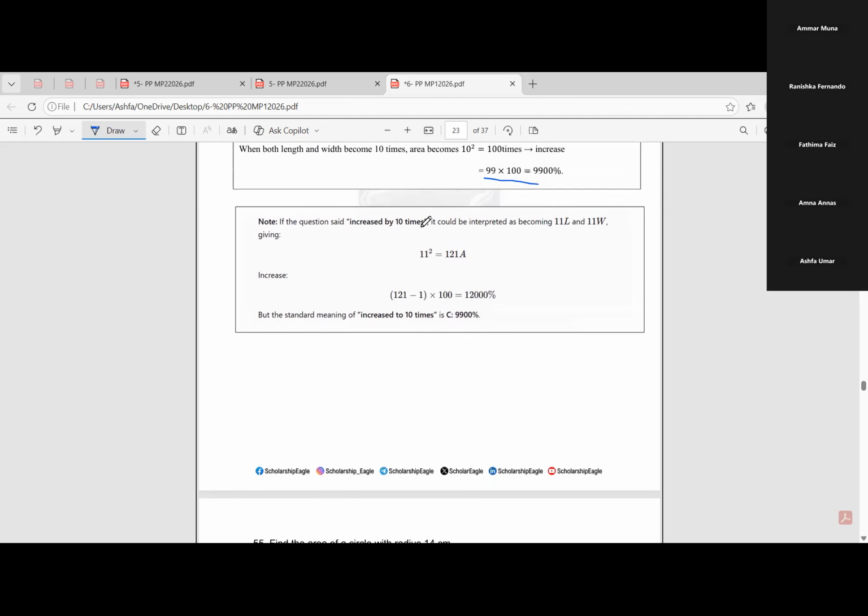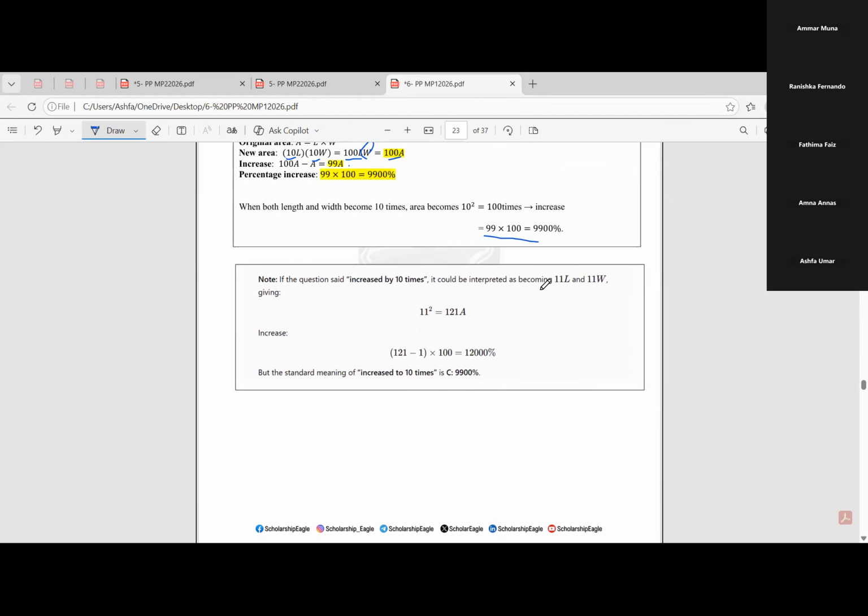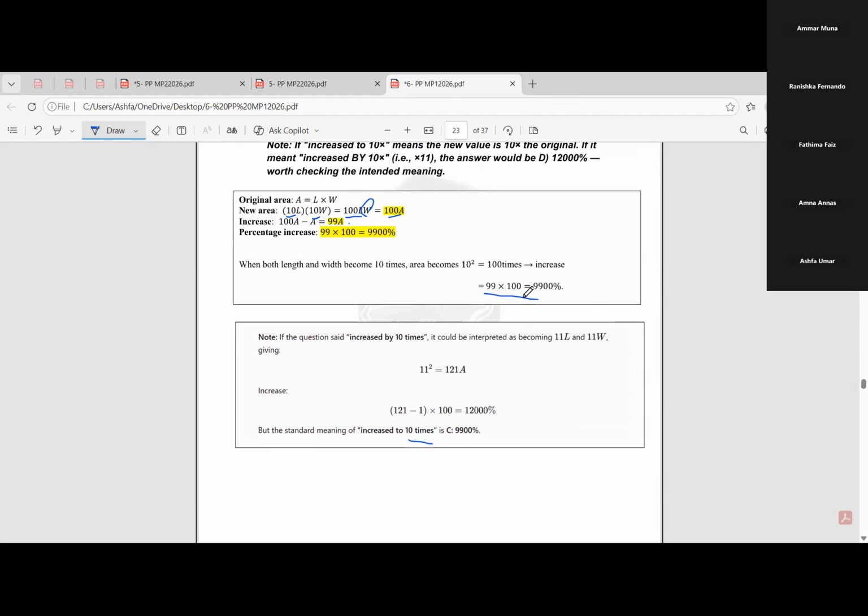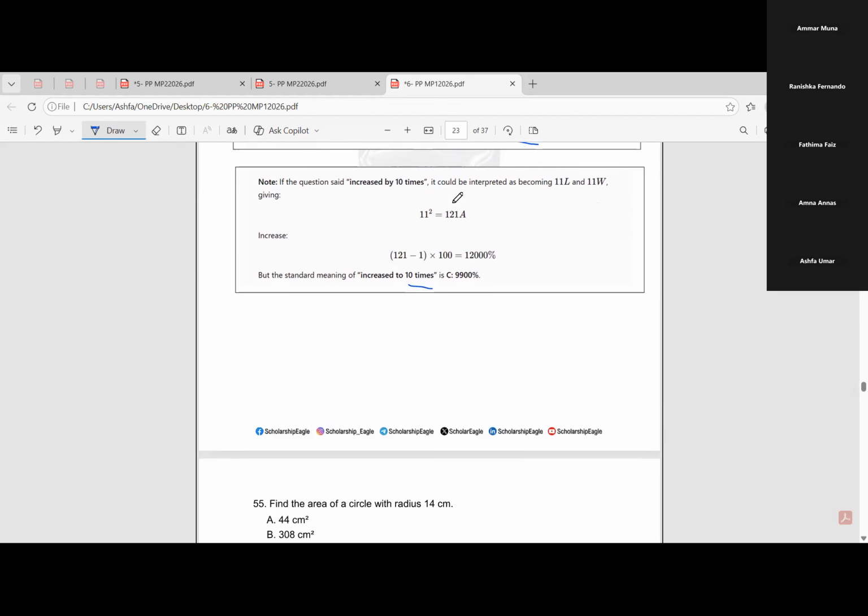If the question is varied this way, like increased by 10 times, you can use this way to solve it. But for this question, this is the answer: 9,900%.